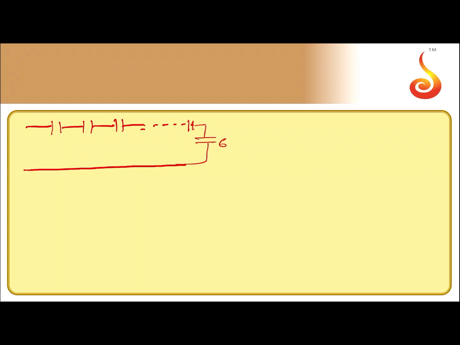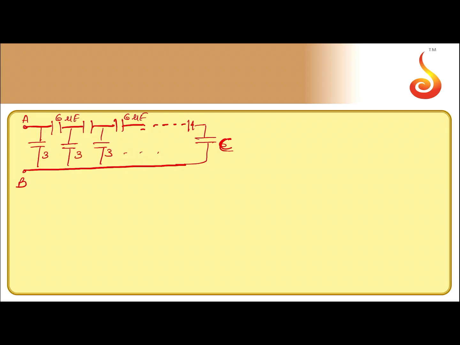This is 6 and each one of them are 6 microfarad. This is C and you got 3 microfarad here and another 3, another 3 and so on, and this is A, this is B. These are all 3 microfarad each.